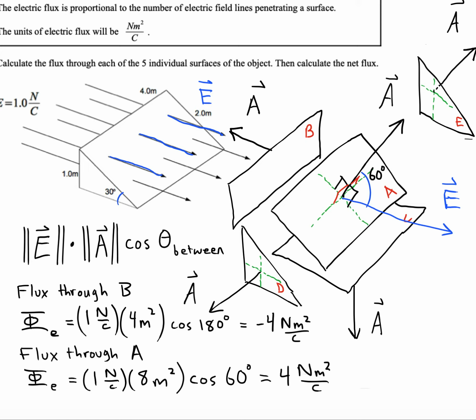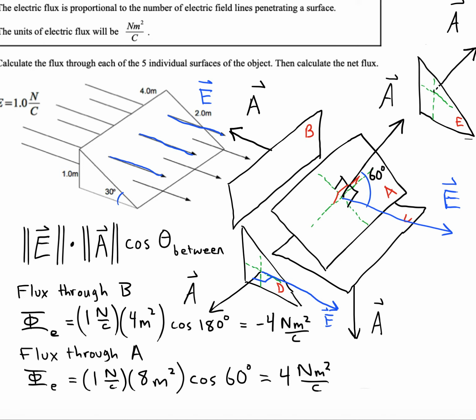When it comes to the other surfaces, we're going to find that there's no flux through them. The reason is that the field is 90 degrees to the area vector. And when that happens, no field lines are actually penetrating the surface.